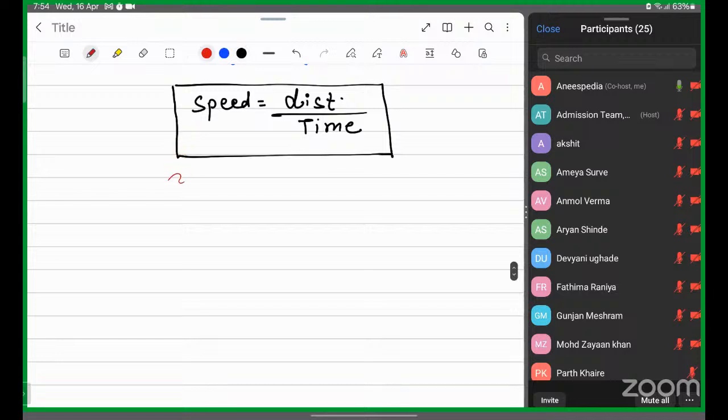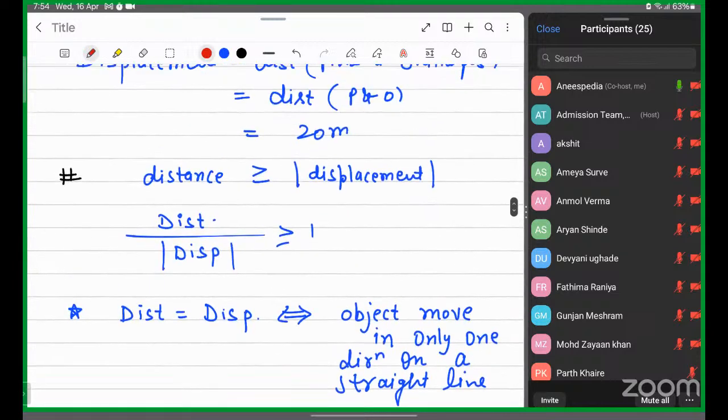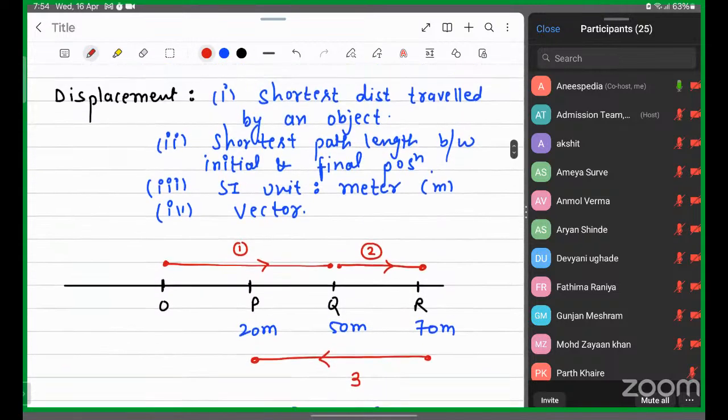What will be the SI unit of speed? Yes, the SI unit of speed will be, with distance in meter and time in second in the SI system, meter per second. What will be its dimensional formula? What is the dimensional formula for distance?